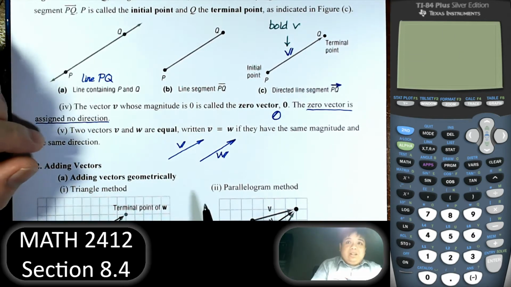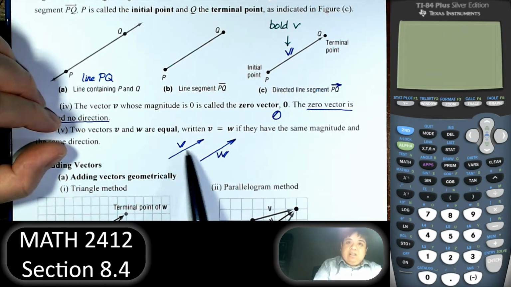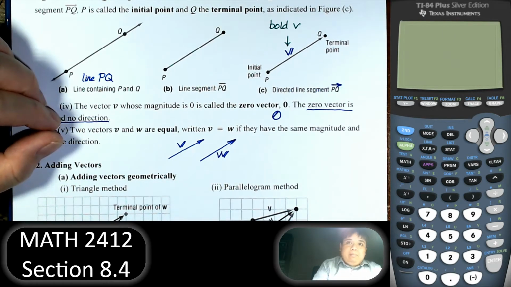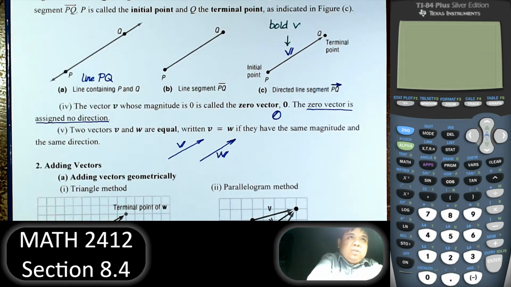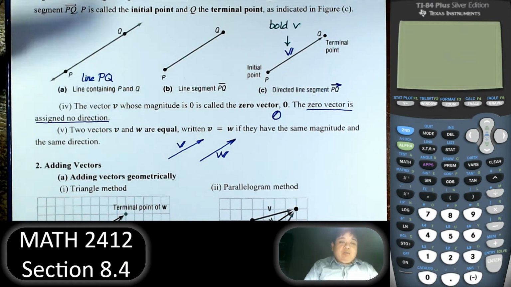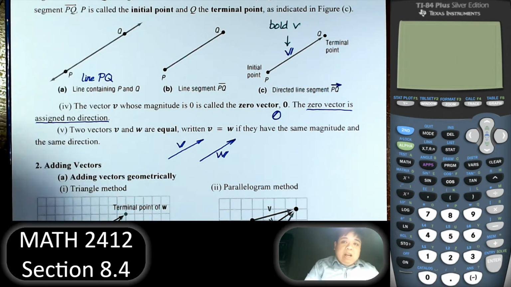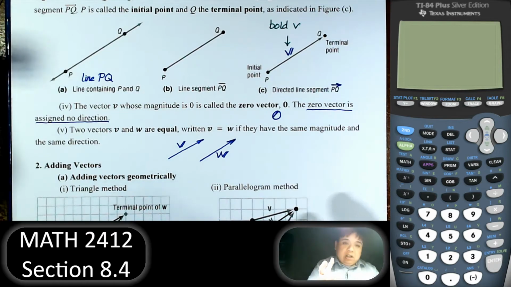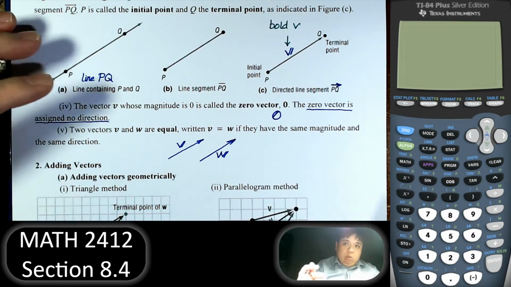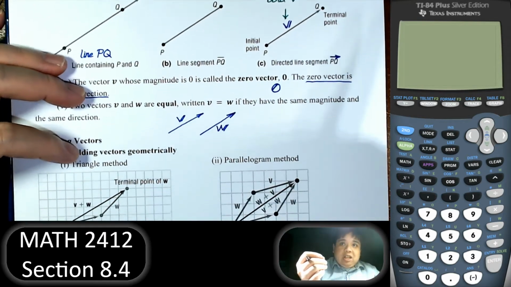The location doesn't matter. This vector and that vector are the same because they have the same magnitude and the same direction. In the first part of the section here, we represent vectors in a geometric sense. Later on, we'll worry about the algebraic sense.